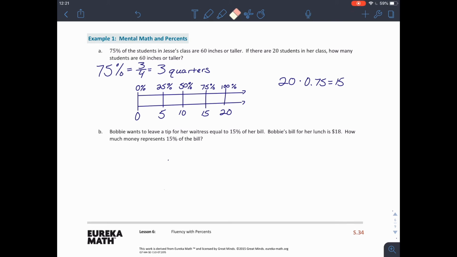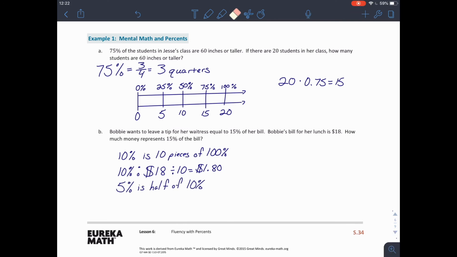But dividing it by 10 does. Because I know here that I could pretty easily find 10%, because that's 10 pieces of 100. So I could just take the 18, divide it by 10 to find out that 10% would be $1.80. Well, I need 15%, and 5% is half of 10%. So I can just take what I found for 10% already and cut it in half to find out that 5% would be 90 cents.